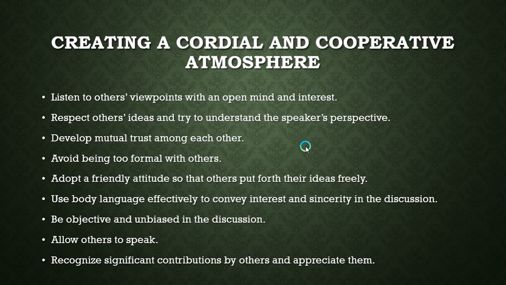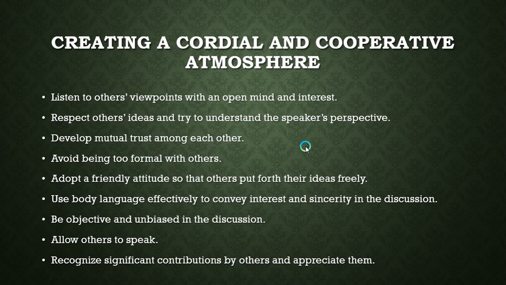Why? Because there was a cooperative atmosphere. People are smiling, people are enjoying what Sandeep is saying. So you need to have a cordial and cooperative atmosphere in group discussion.